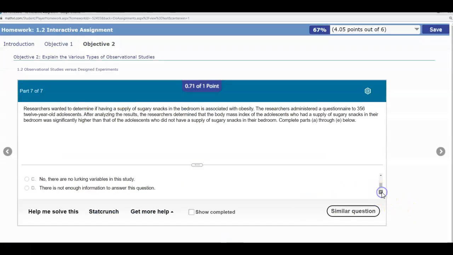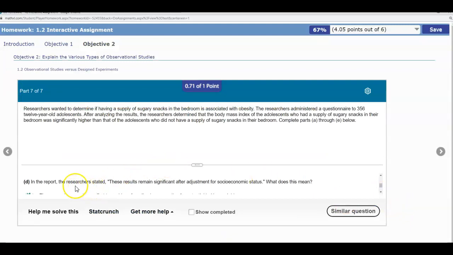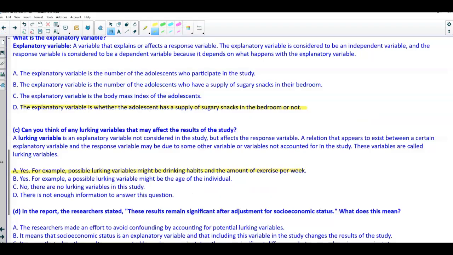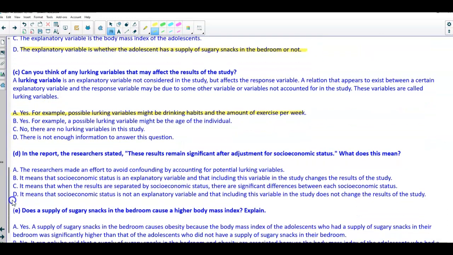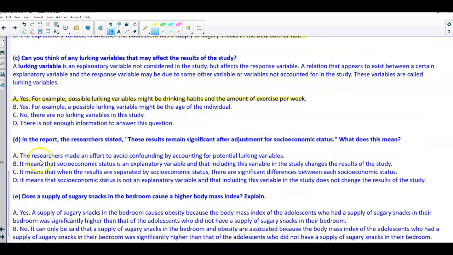Okay, let's go to part D. In the report, the researchers stated these results remain significant after adjustment for socioeconomic status. So what does that mean? Okay, so looking at part D, the researchers made an effort to avoid confounding by accounting for potential lurking variables. Okay, it means the socioeconomic status is an explanatory variable. That's not true.